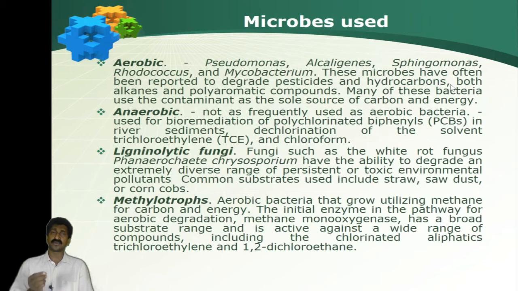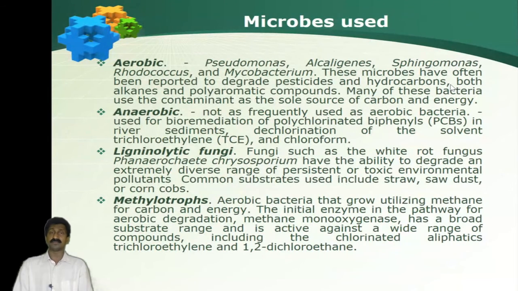They are used for bioremediation of polychlorinated biphenyls, that is PCBs, in river sediments, and dechlorination of solvents like trichloroethane, TCE, and chloroform. So for the degradation of PCBs, TCEs, and chloroform, especially in sedimentary systems in rivers, we have anaerobic systems.